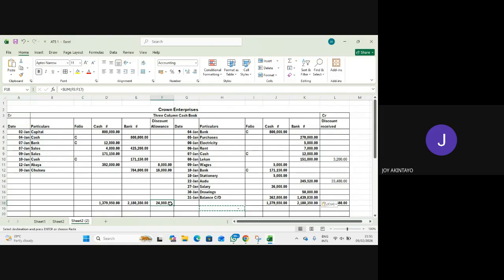Do you understand what I said? We just use this discount account in order to know the summation of the discounts we are giving out and also the discounts we are receiving.